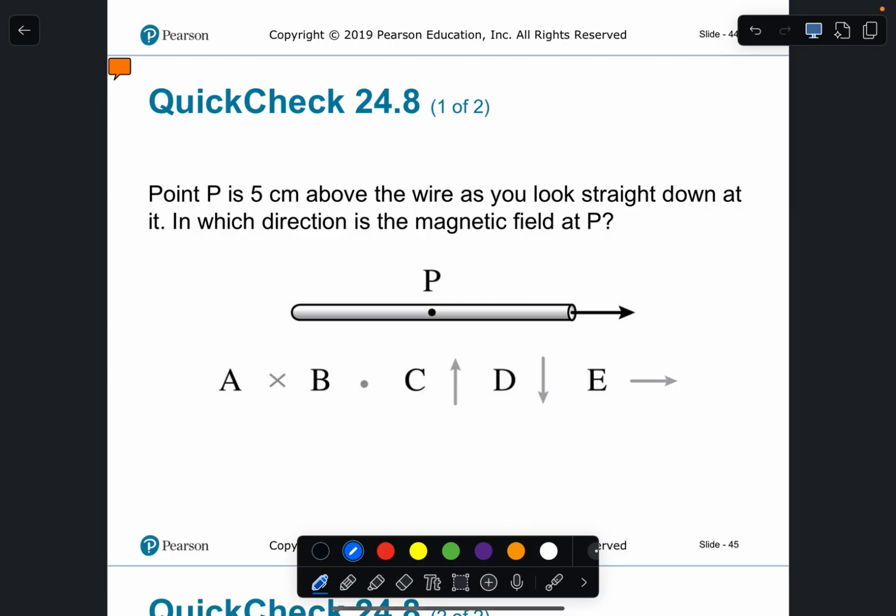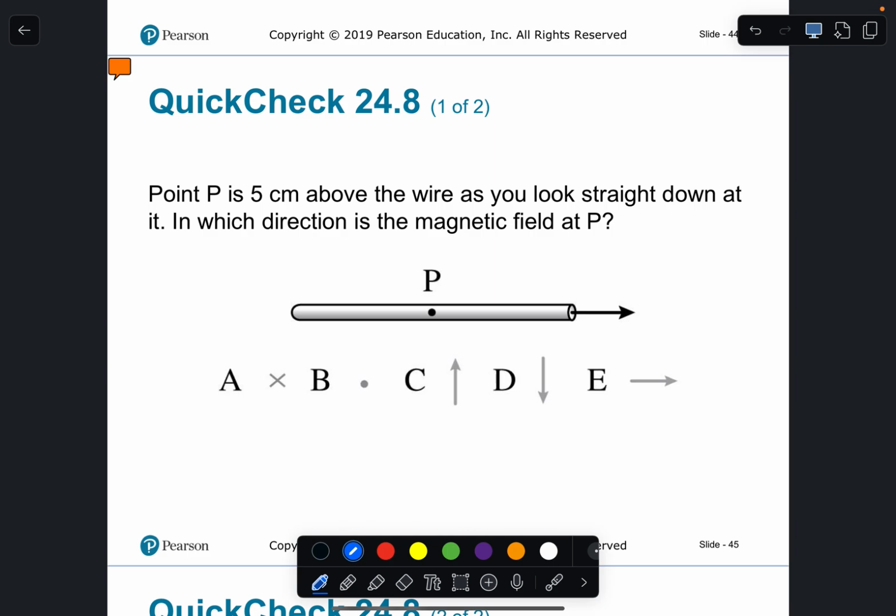Okay, so we're going to stick our thumb in the direction of the current. And then I need my fingers to swirl around, but when my fingers are curling, they're representing the lines of the field. I need a magnetic field vector.